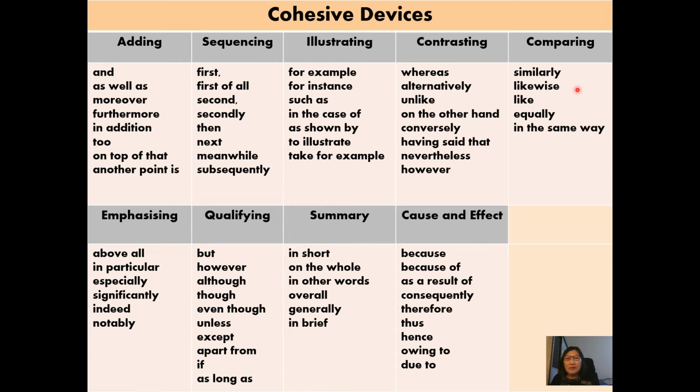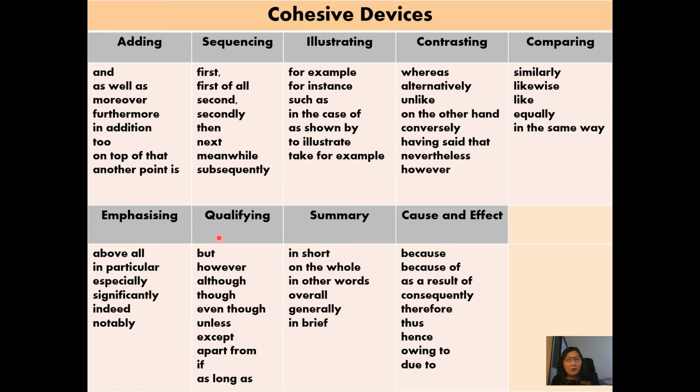And when you want to compare, these are some of the linkers or transition markers that you can use. Then to emphasize a point, you can use some of these that are given here. For example, above all, in particular, significantly, indeed. Right? So these are some cohesive devices that you can use.